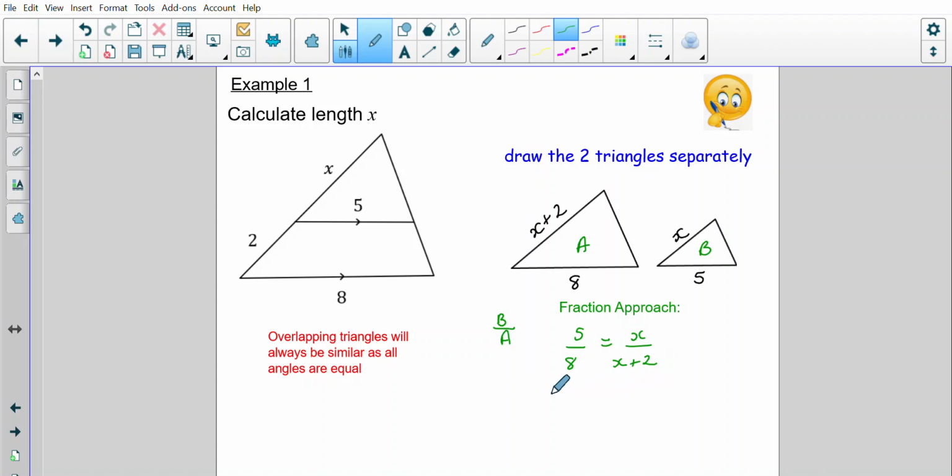And again, I'm just going to now cross multiply and set up an equation to solve for x. So I've got 5 times x plus 2 equals 8x. Expand the brackets, subtract 5x from each side. So I get x equals 10 over 3, and if I wanted that as a decimal, that would be 3.3 recurring. So it's quite good to use a fraction approach when we've got some algebra that we need to involve in the question.